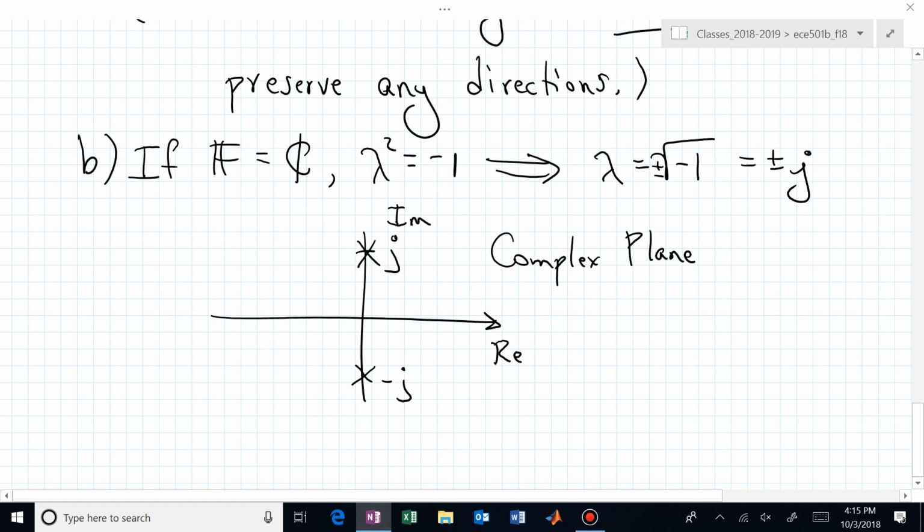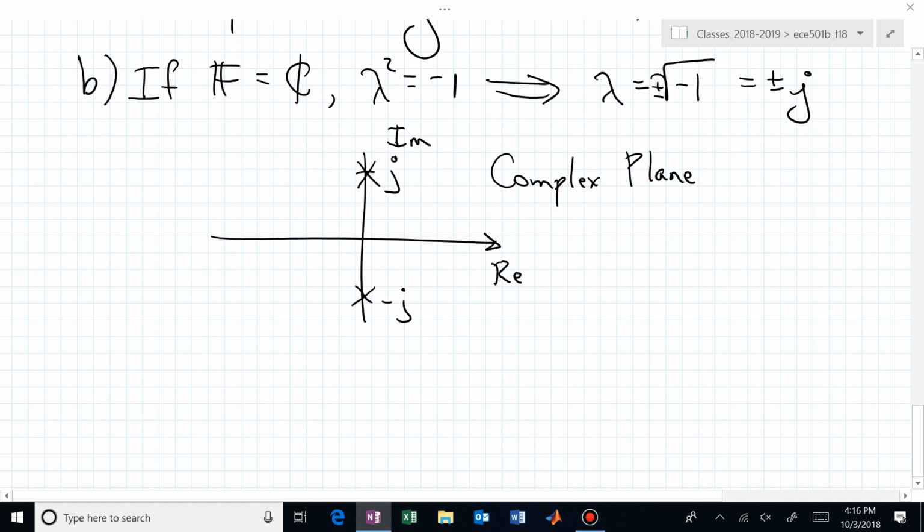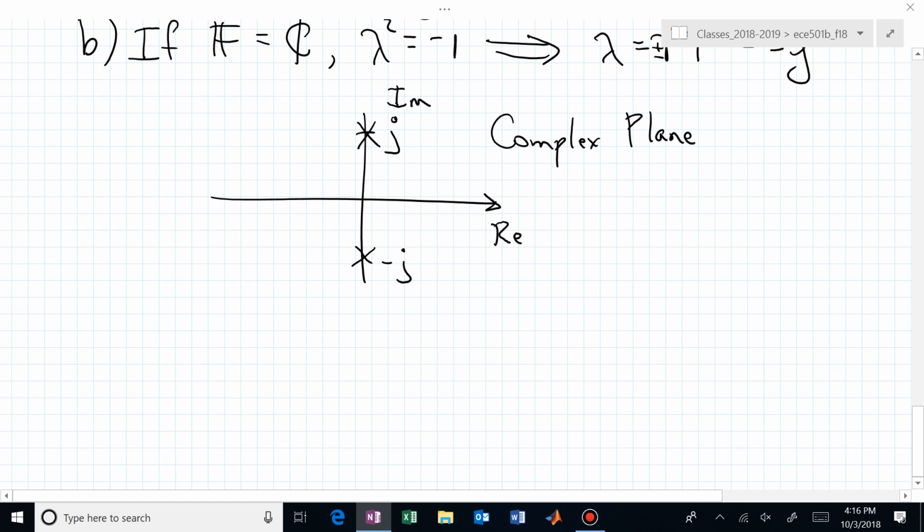And the point I'm trying to make is that that x above the real axis and that x below the real axis are not on top of each other. They're distinct. So plus j is distinct from minus j. So if we have anything that has conjugate relationships, those two conjugates are not the same point or value. They're distinct. So now let's see if we can find eigenvectors associated with these eigenvalues.